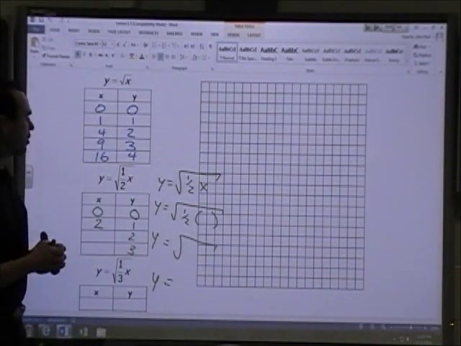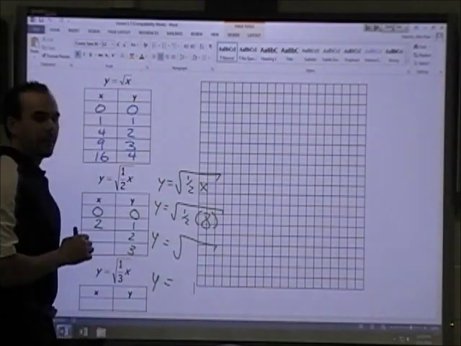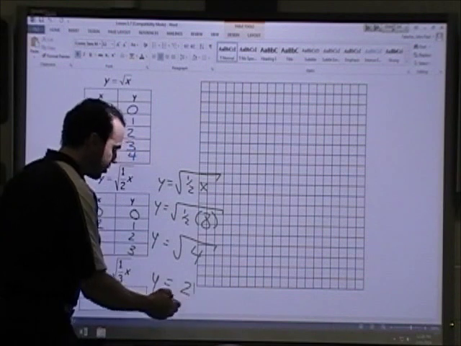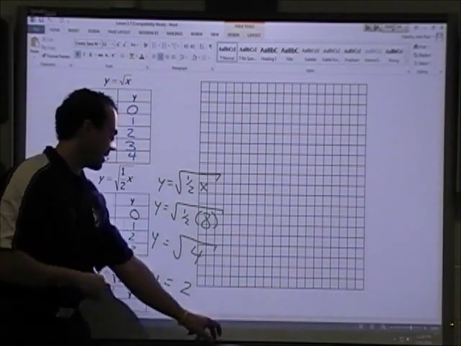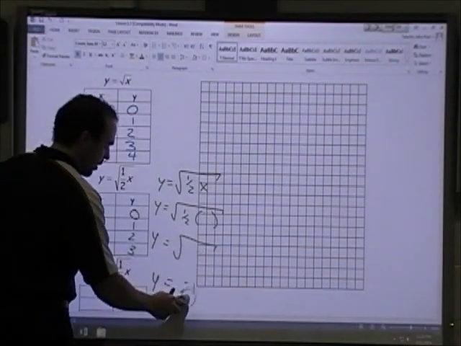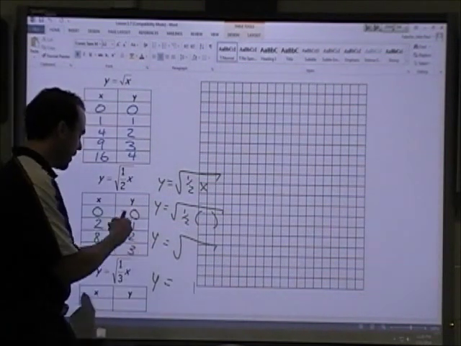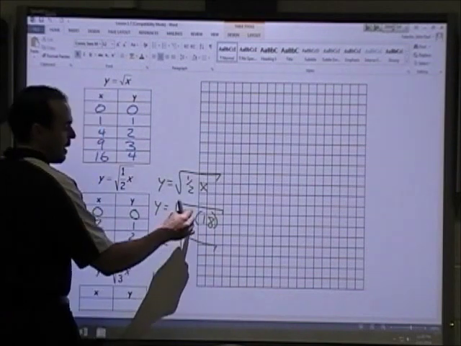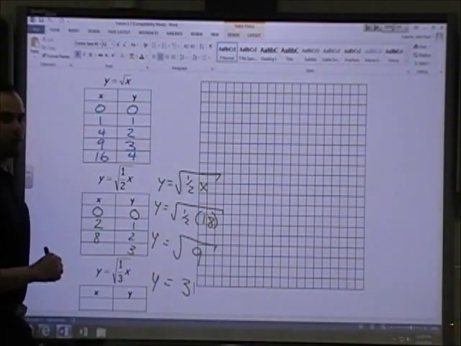The correct answer would be 8, because half of 8 is 4, and the square root of 4 is 2. And the last one I'll do here is, what do I have to input for x in order to get an output of 3? The correct answer would be 18. Half of 18 is 9, and the square root of 9 gives me that answer of 3.